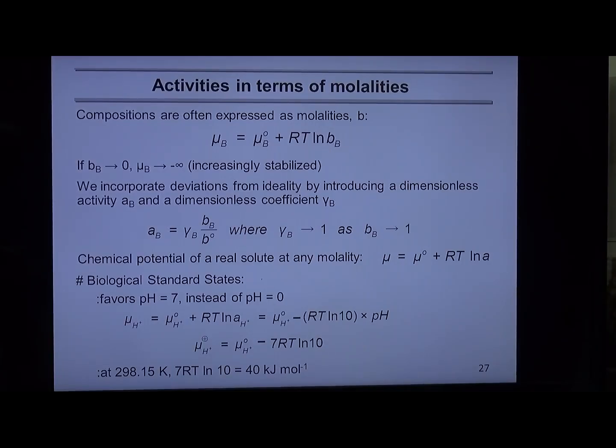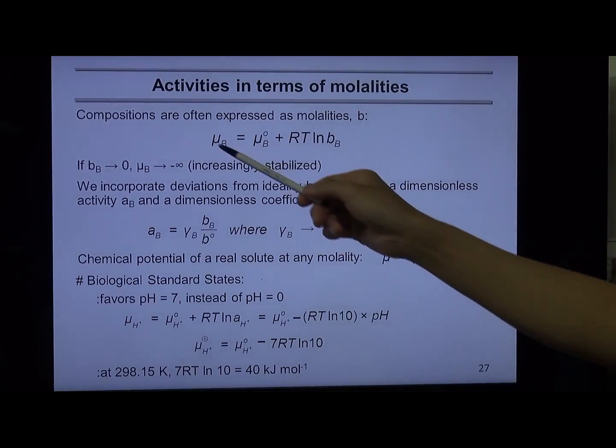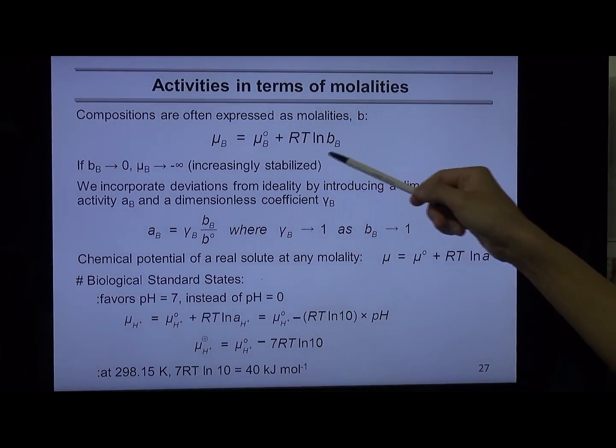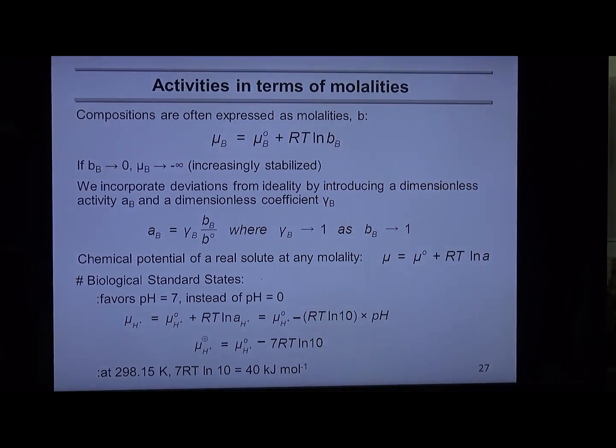Finally, activities in terms of molarity. Up to here, we expressed activities in terms of mole fraction, and mole fraction can easily be changed to concentration, especially molarities. So in some cases, we can describe the chemical potential of the solute as a function of molarity instead of mole fraction.